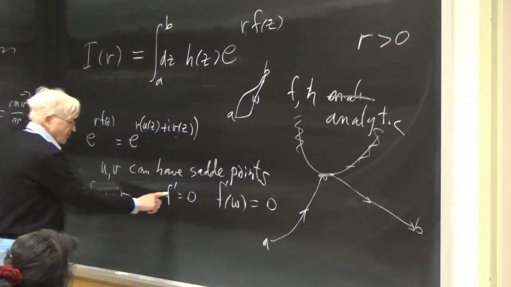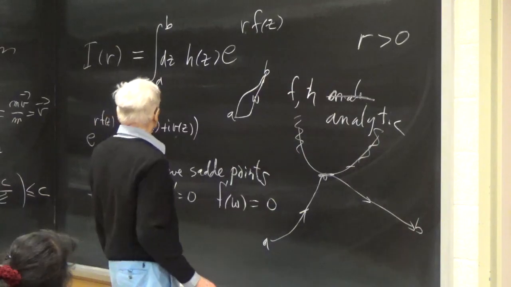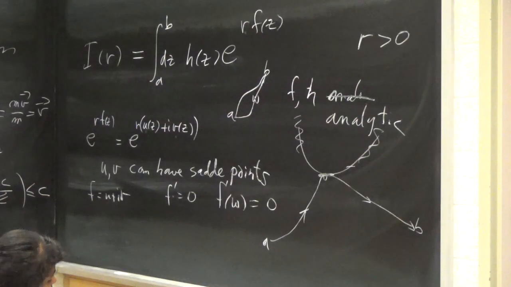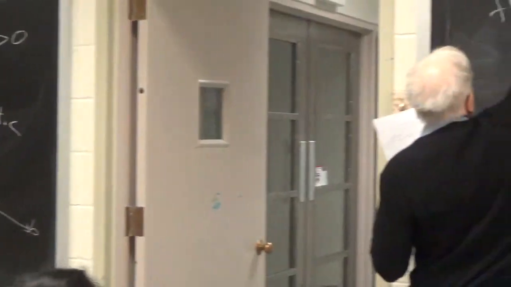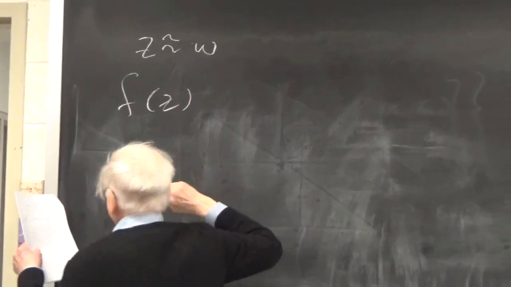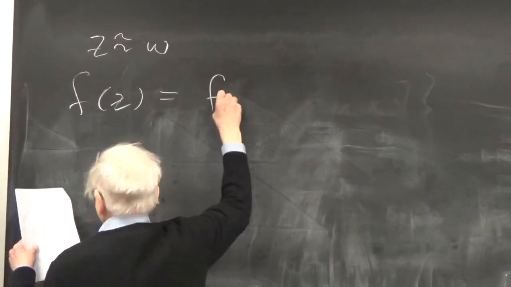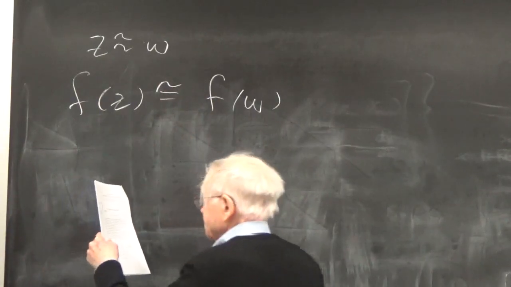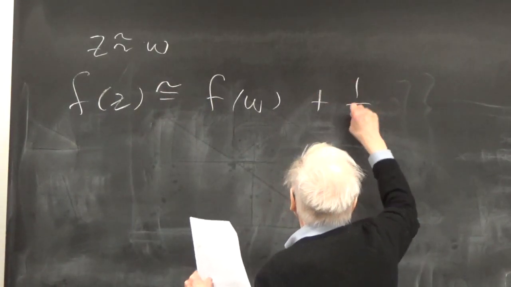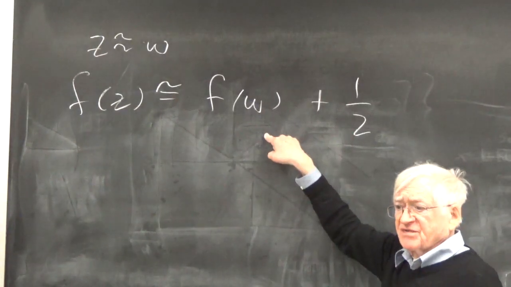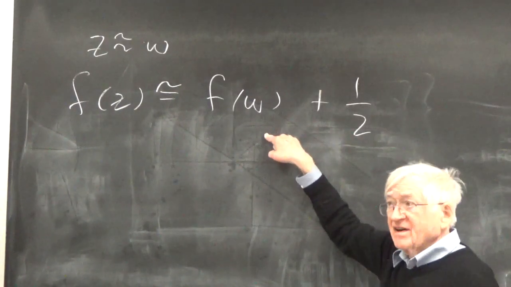So since f prime of W is 0, we can say that near W, f of Z is f of W more or less, plus there aren't any linear terms in Z minus W, because the first derivative of f vanishes.